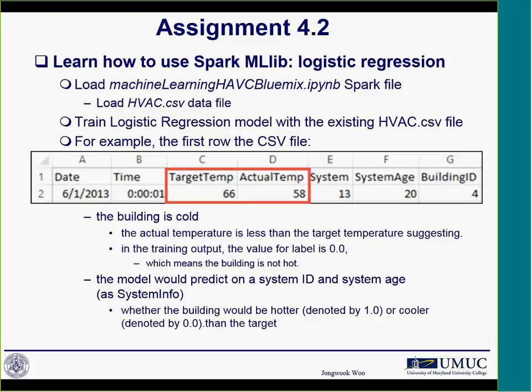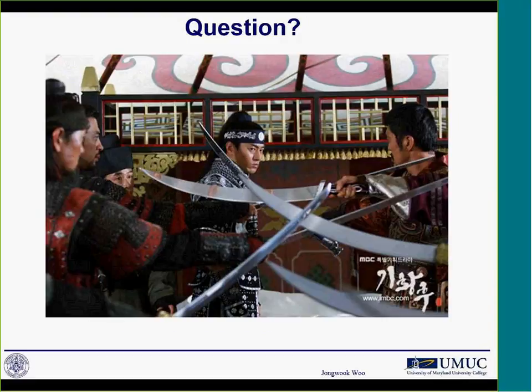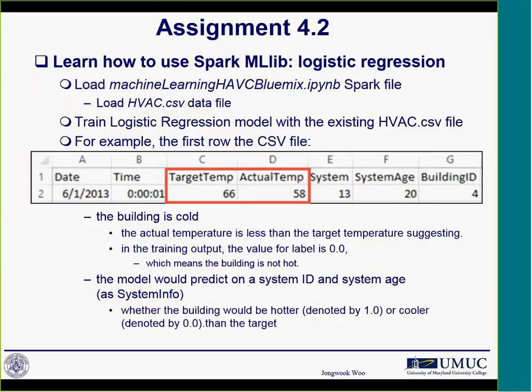The Harvard Business Review said data science is the sexiest job in the 21st century. Okay? So I hope assignment 4.2 gives you some idea how data scientists build the system to predict the future. Okay, so basically that is all for me to present today.